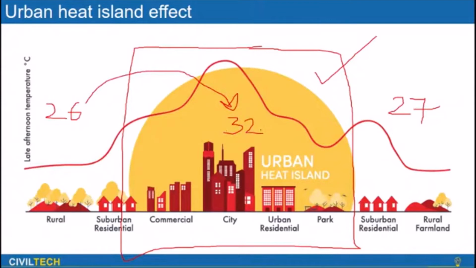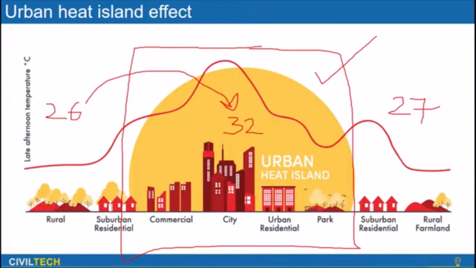That depends upon the intensity of the urban heat island effect. If it is more intense, you will find the temperature would be plus or minus 8, depending upon the place. So if you observe this kind of phenomenon, then we state that this particular city is experiencing the urban heat island effect. This is not a new phenomenon.